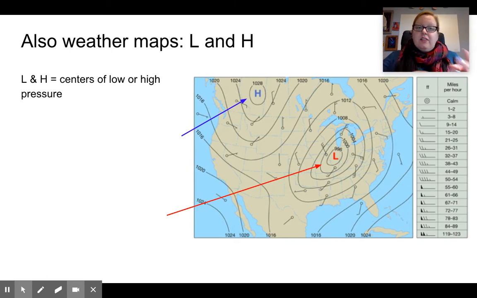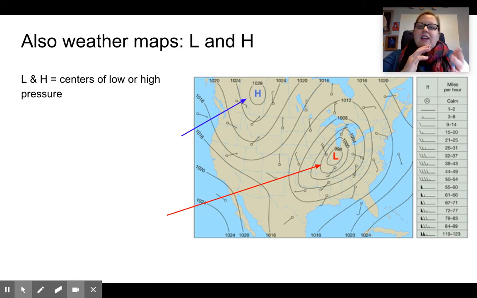And remember, we talked about the three ways to change pressure. Either the altitude is higher, maybe this pressure system formed over a mountain. The temperature could be higher, maybe it formed over a warm patch of ocean. And the humidity could be higher. Maybe it formed over ocean in the first place, and therefore would be a lower pressure system.